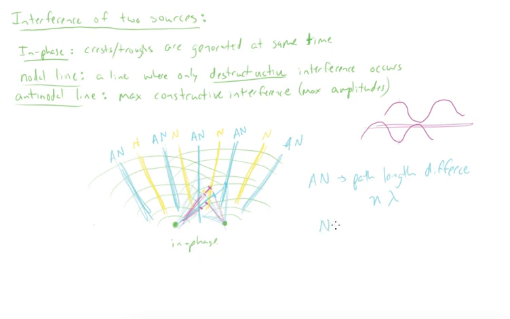The nodal points have a path length difference, right? So this had path length difference of that. This would be of n over 2 lambda. Now, you'd start with half a wavelength. And then, of course, if you went to 2 over 2, it'd be this. So you want 3 over 2.